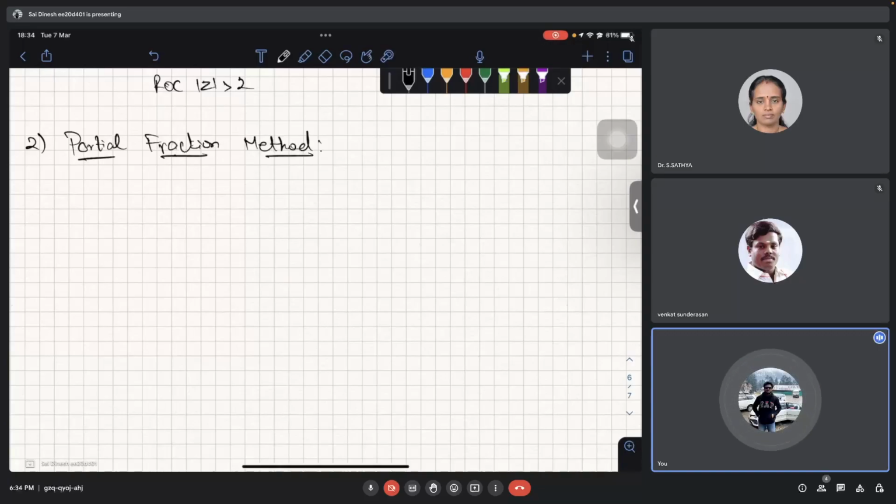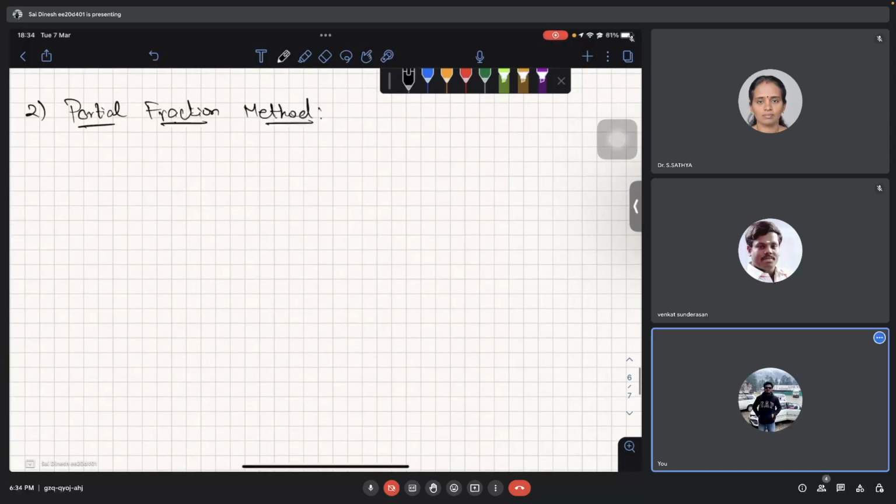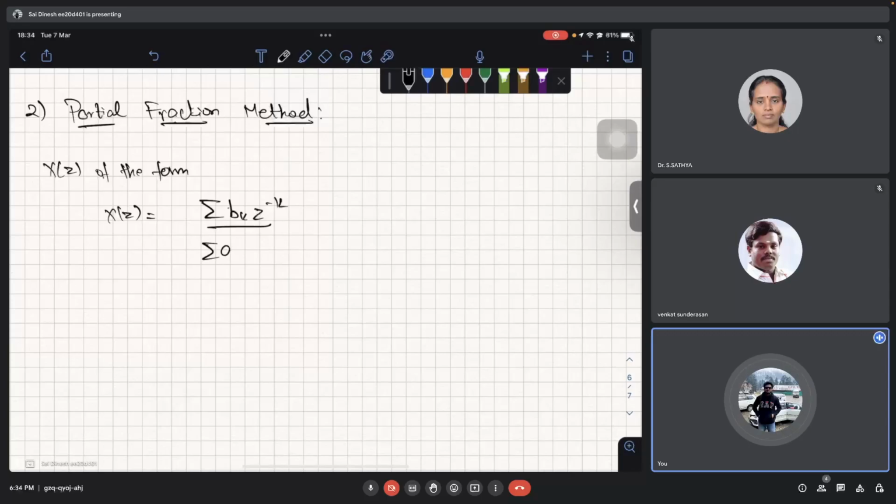This partial fraction method is used when x of z is of the form sum of bk z power minus k over sum of ak z power minus k, k equal to 0 to n in the denominator and k equal to 0 to m in the numerator. This is a rational function.